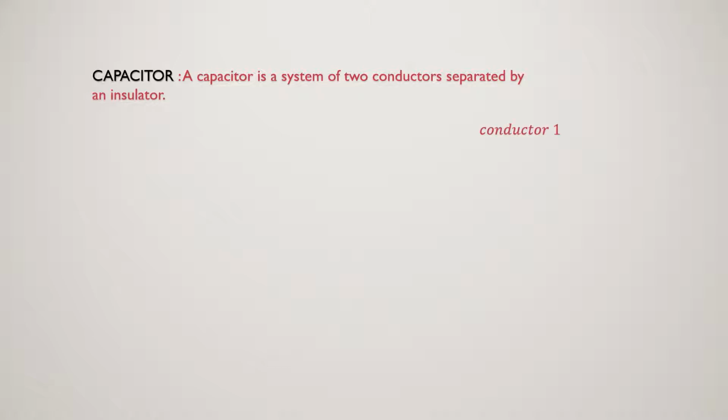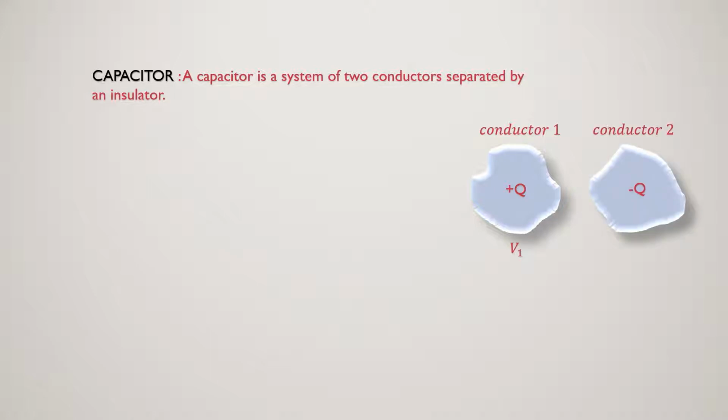Let us suppose that there is a conductor having charge plus Q and potential V1, and another conductor having charge minus Q and potential V2, separated by an insulating medium.